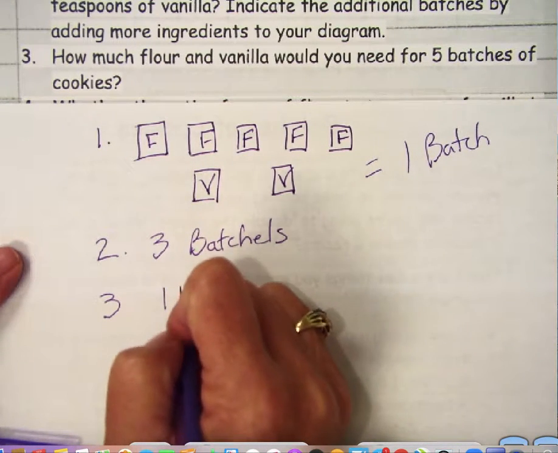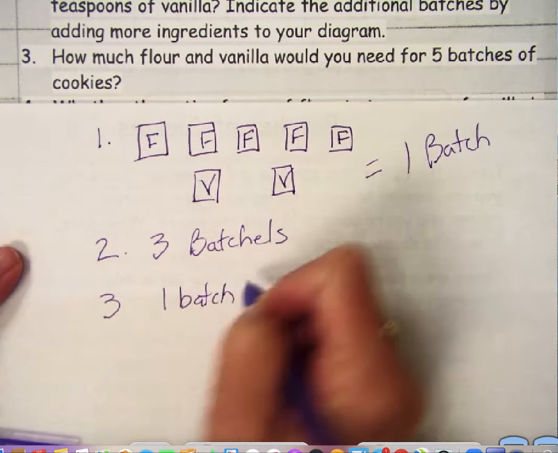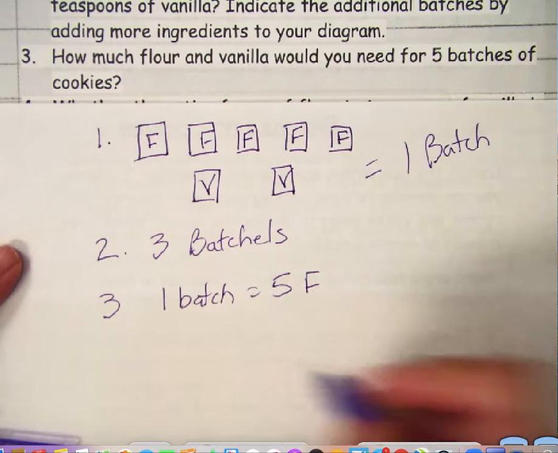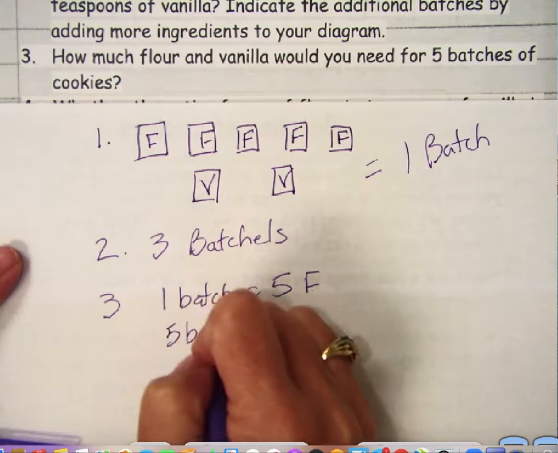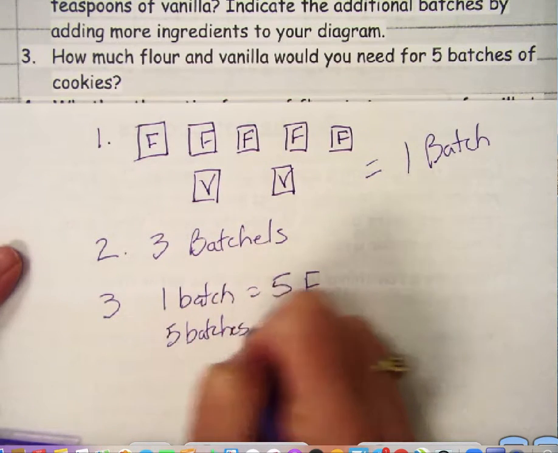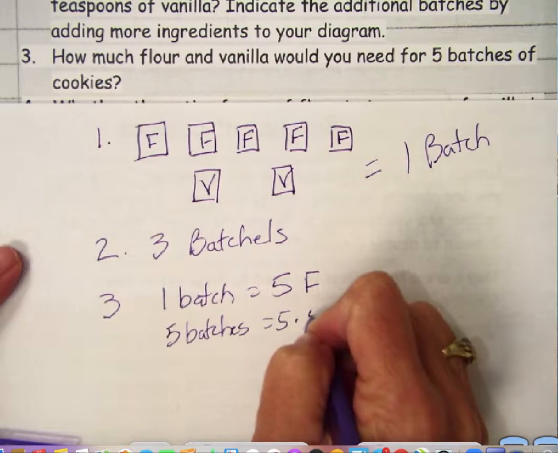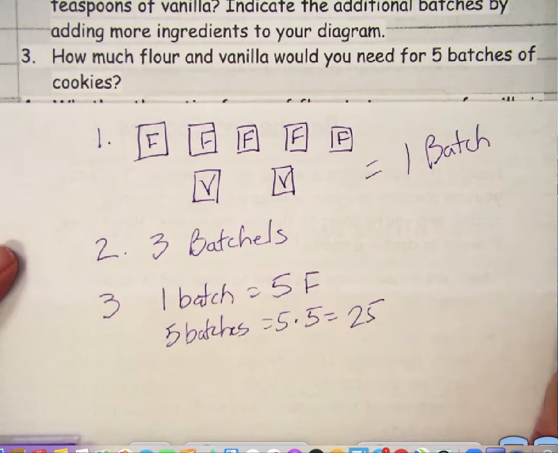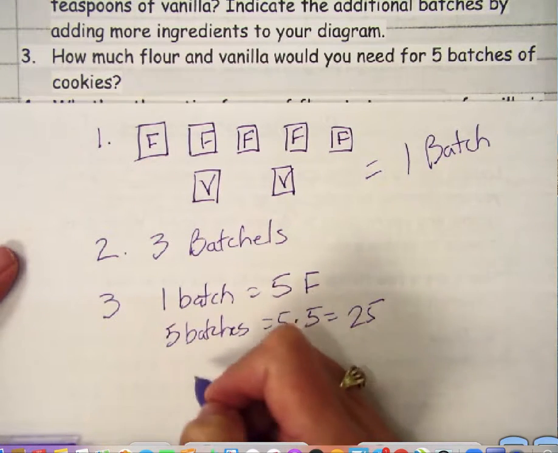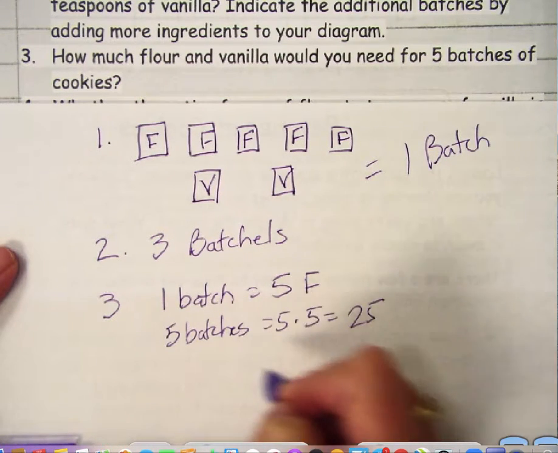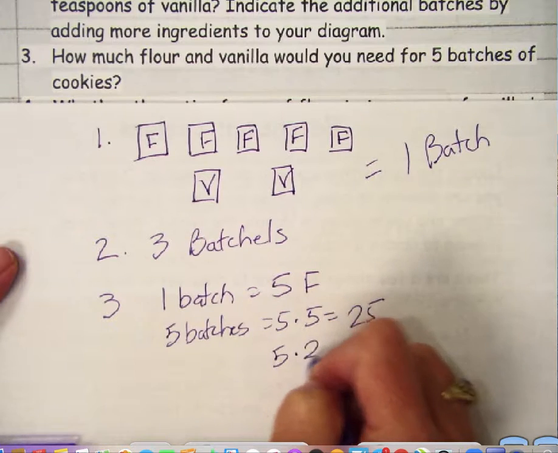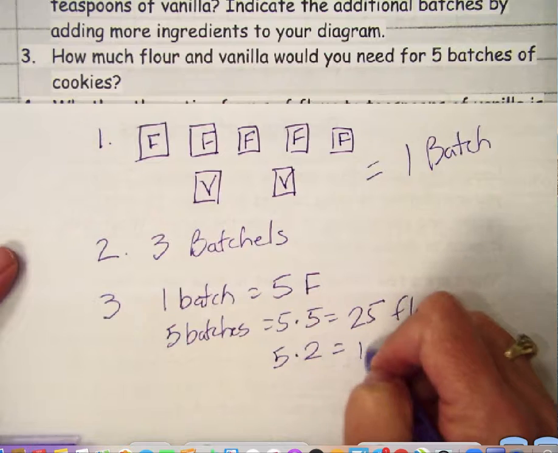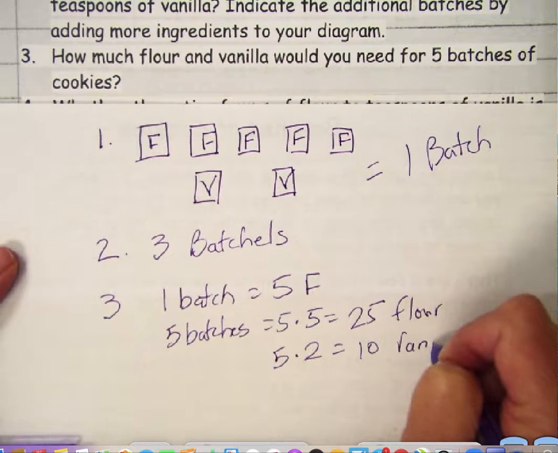Well, 1 batch is 5 flours. 5 batches would be 5 times 5, right? So that would be 25. And wouldn't this other one be 5 times 2? So 25 flour and 10 vanilla.